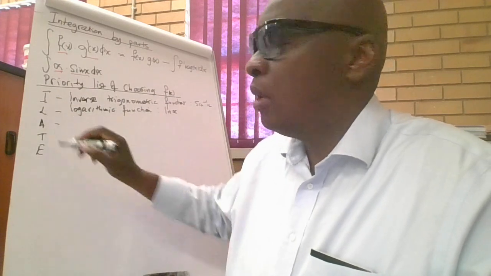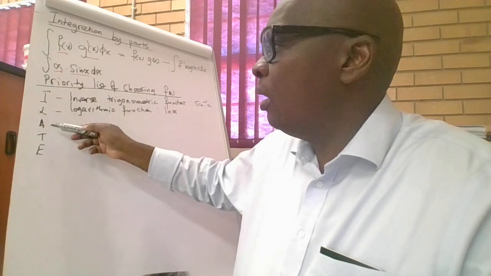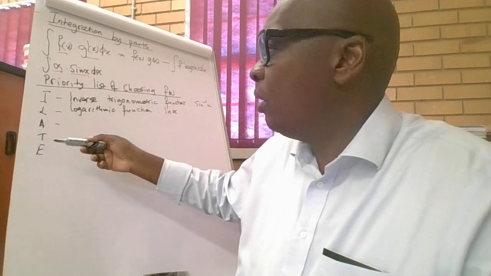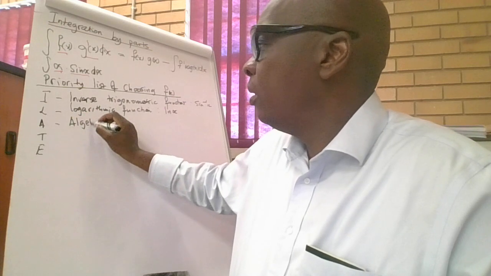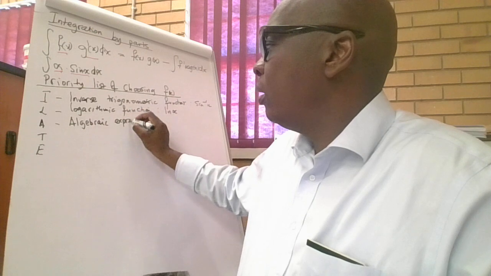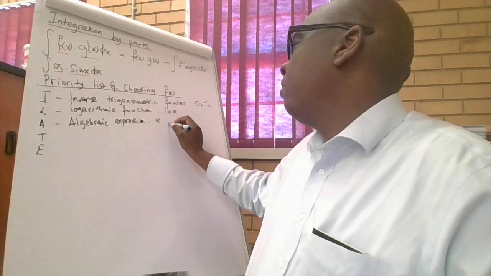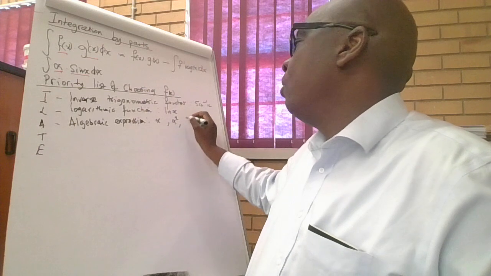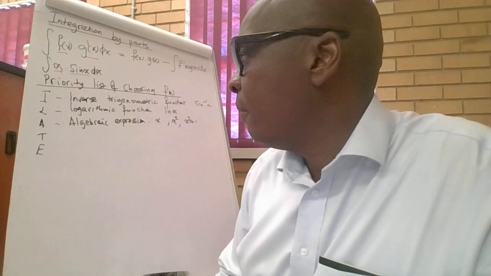And the third priority, that means if the first two are not there, you are going to choose the third one now, which is an algebraic expression. And by the algebraic expression here, we are talking of things like, say, x, or it could be x squared, or x squared plus 1, and so forth.